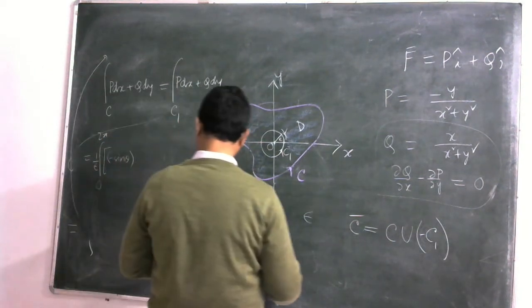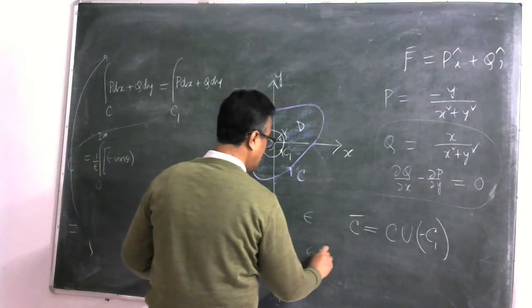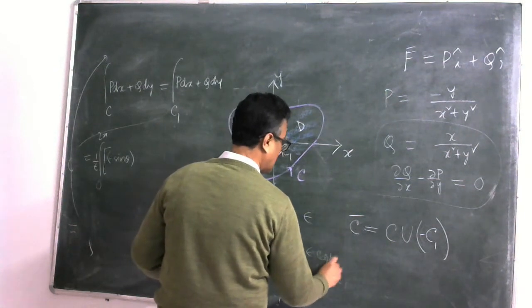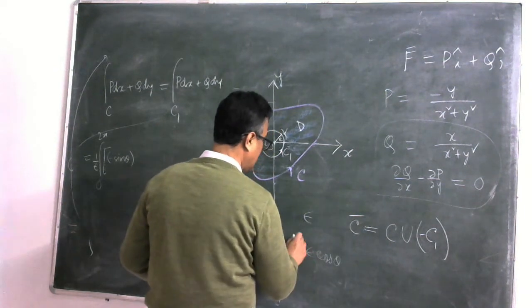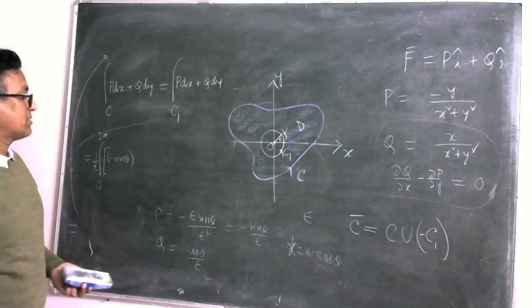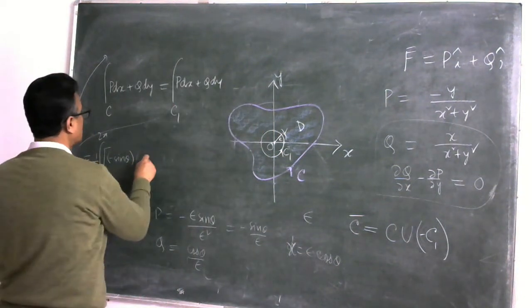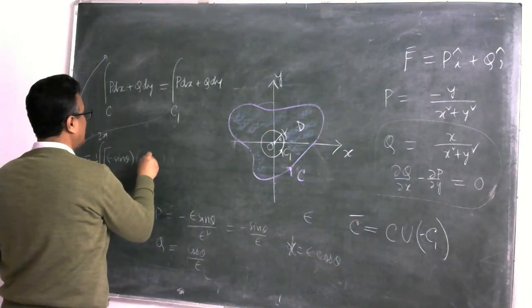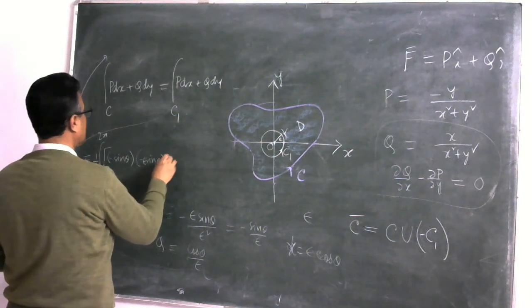Because your x equals epsilon cos theta, so dx is going to be minus epsilon sine theta d theta.